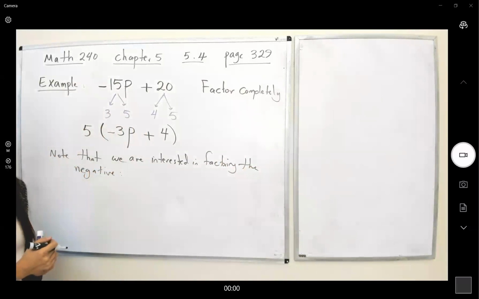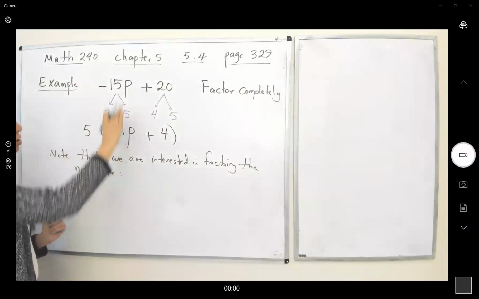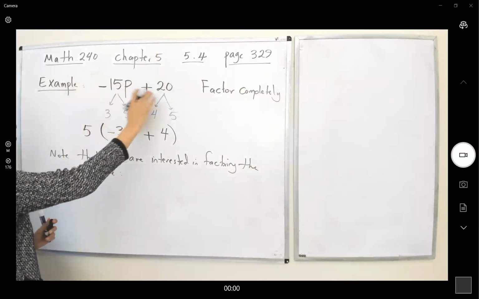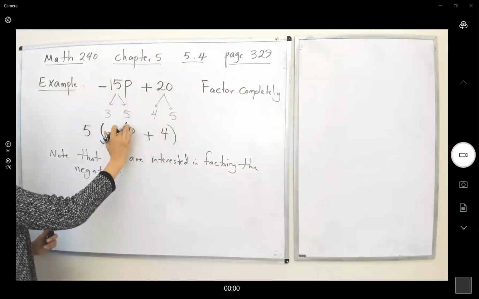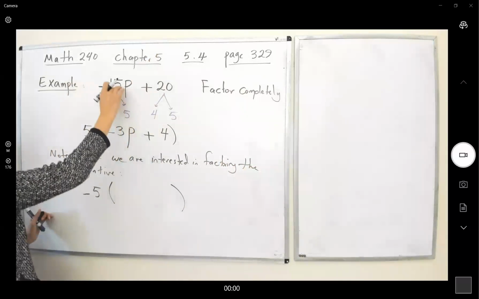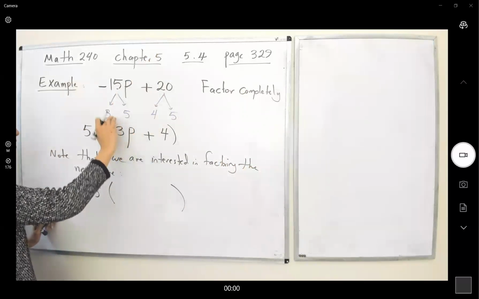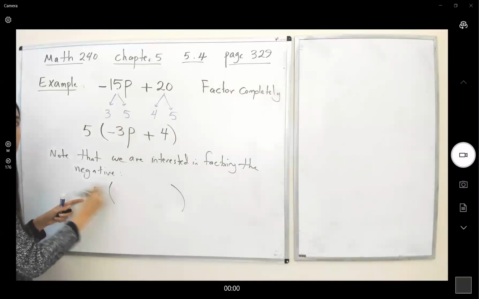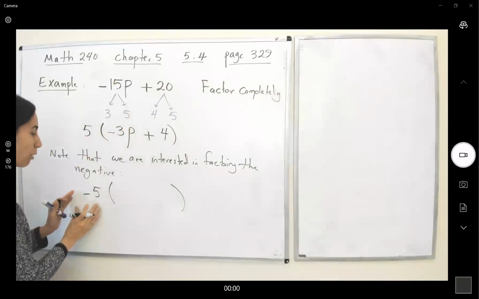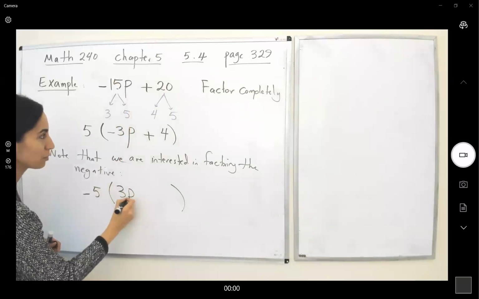I'm interested in getting rid of this negative sign. So from the beginning, you could say that, hey, I want to factor out minus 5, parentheses, 15 divided by 5 is 3. Remember that we are factoring out the negative sign as well. So we are actually dividing minus 15 by minus 5. So we're left with positive 3p.